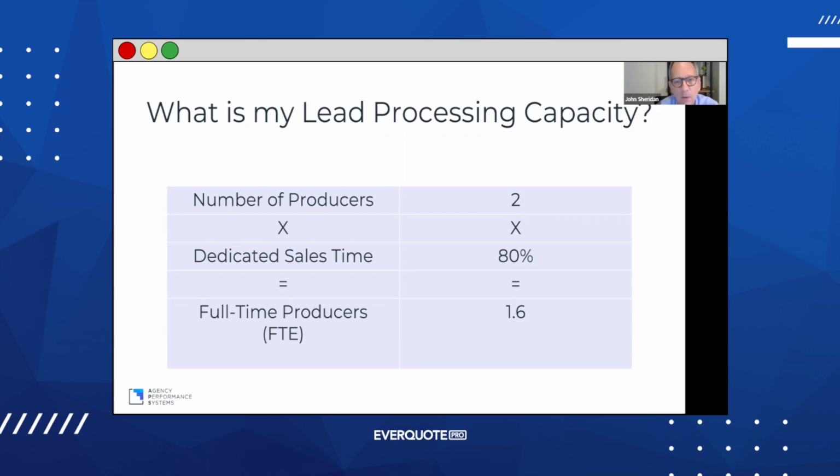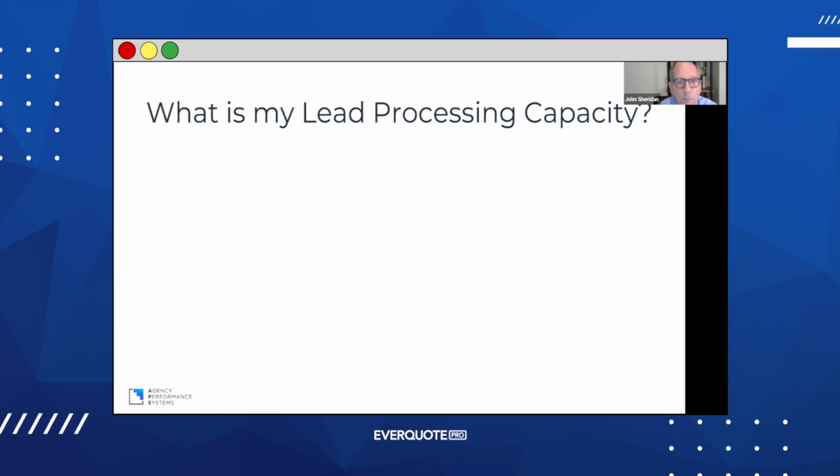Let's say that they are, between the 2 of them, 80% dedicated to sales work. They may be doing other things in that other 20% of the time. It doesn't matter. We're concerned with the time that they are able to focus and sell. So multiplying those 2 together drives us to the 1.6. So that's one number we need to start with. Next step.